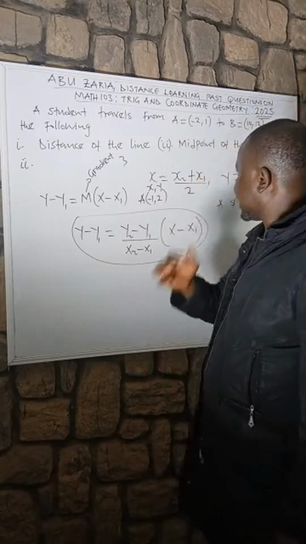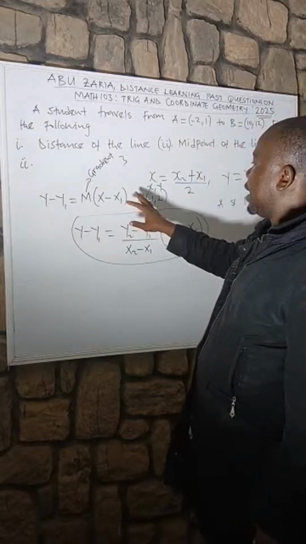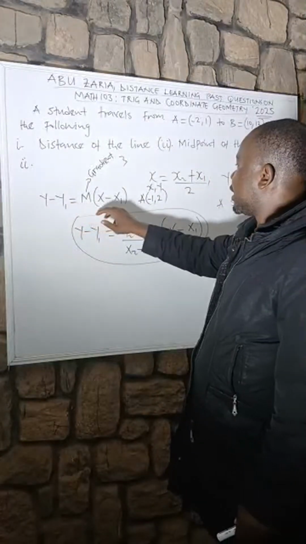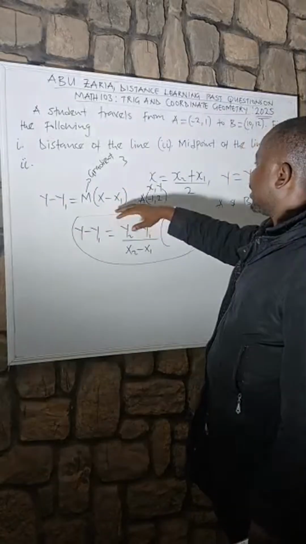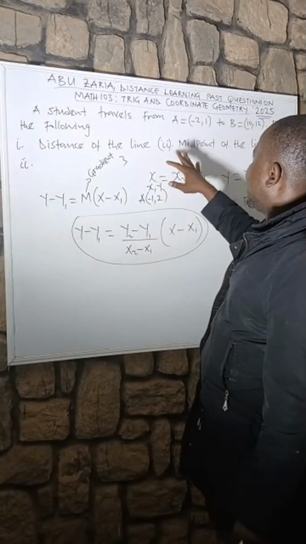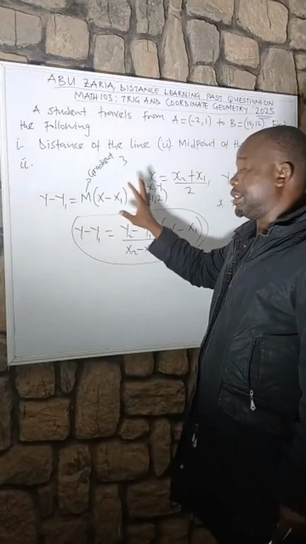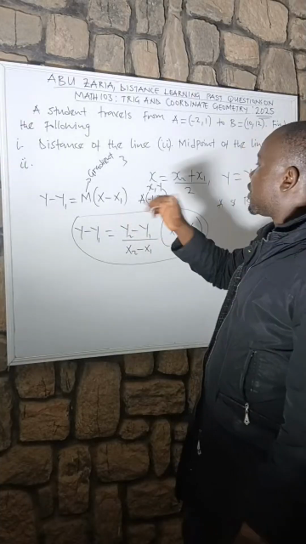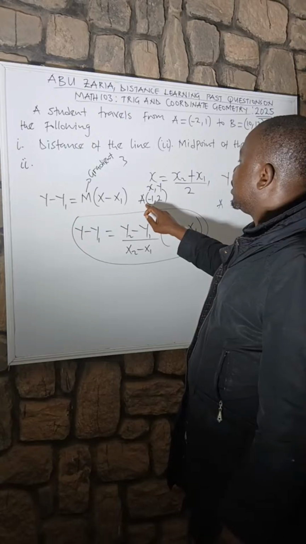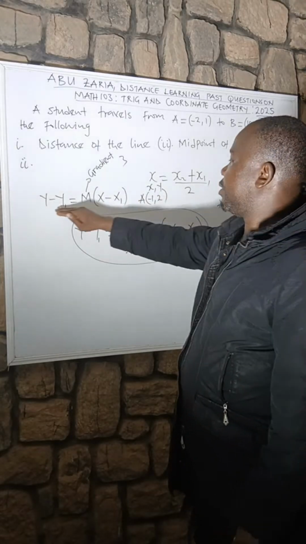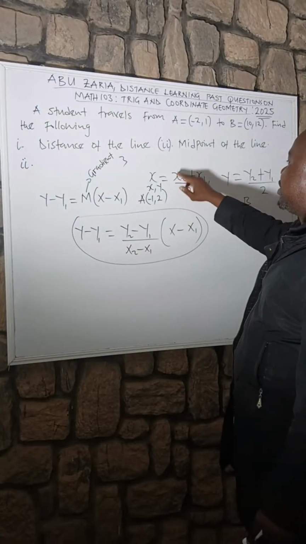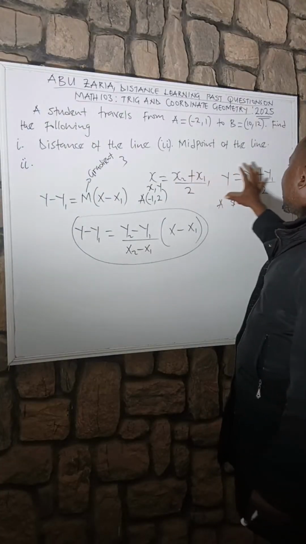As I was saying, we can only use this formula. We have 3 of them, talking about the midpoint of the gradients. So, assuming the gradient was given and we are given only 1 point, we can make use of this formula. And supposing that we are talking about the midpoint of the coordinates, we can use this.